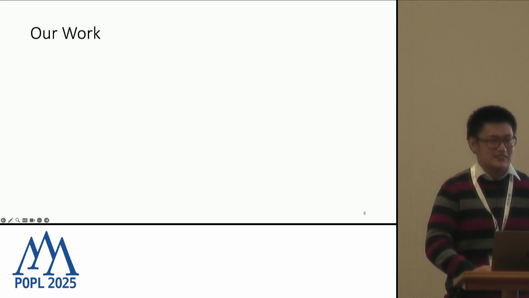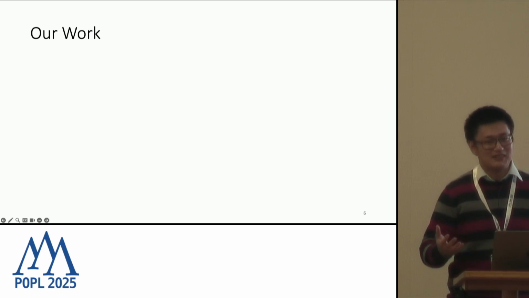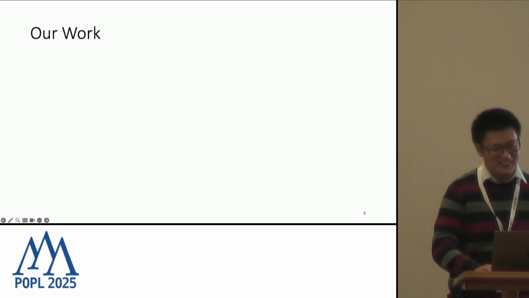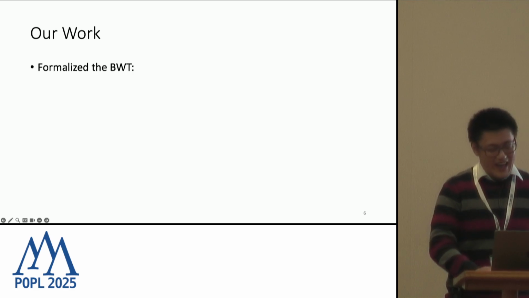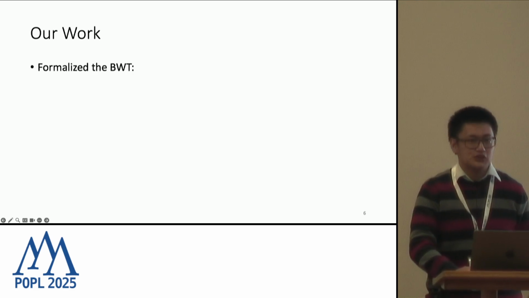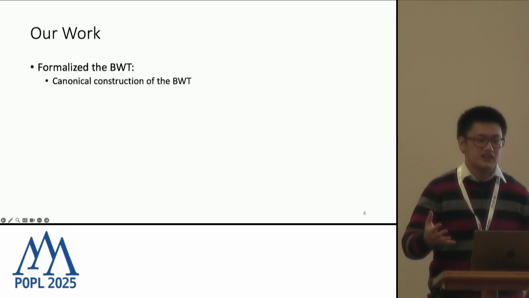Considering that I'm speaking to you today at a conference about certified programs and proofs, naturally that means, or most likely, formalization. In this case, we formalized two different approaches to construct the Burrows-Wheeler transform.